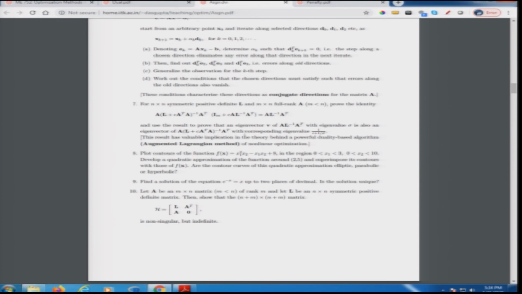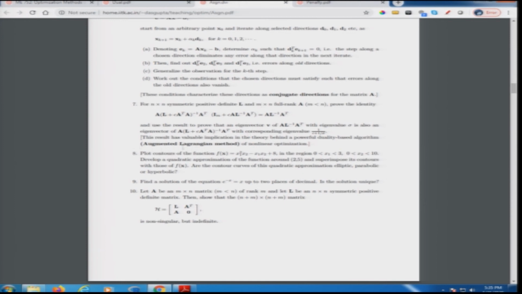That is, with L inside this inverse, if you add this kind of a term, any eigenvector of this will remain an eigenvector of the result also. And how the eigenvalue changes: if the corresponding eigenvalue of this were sigma, then the eigenvalue of this is 1 by C plus 1 by sigma. This is what this exercise asks you to prove.